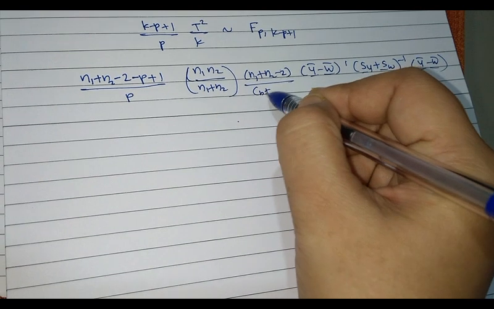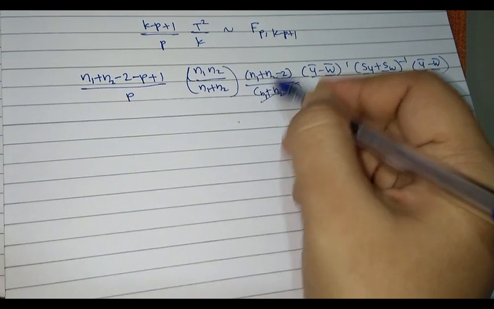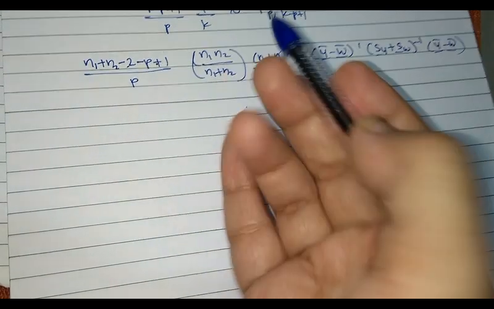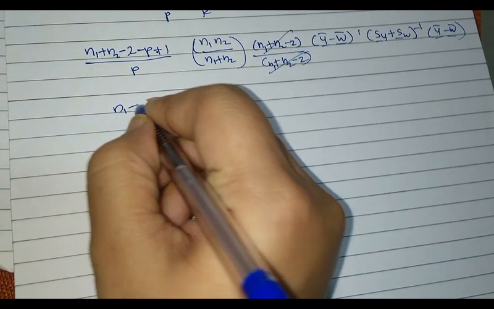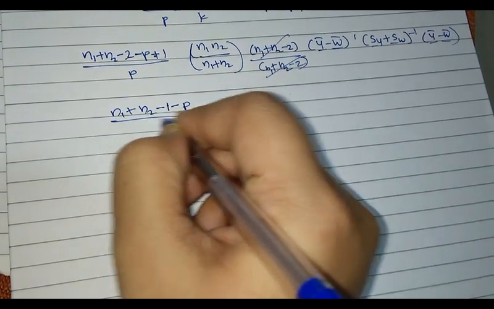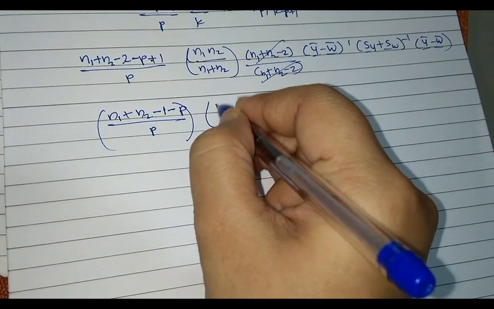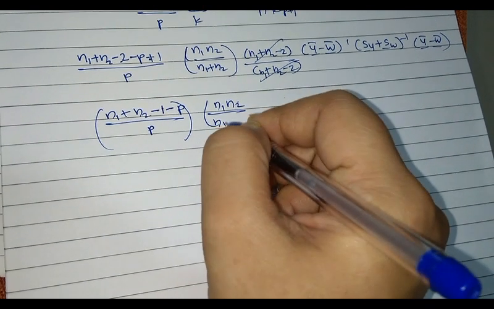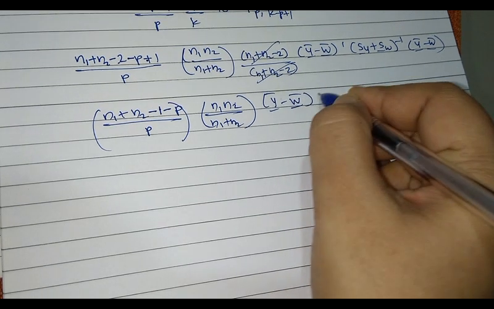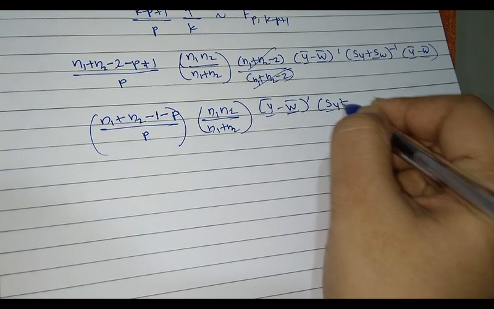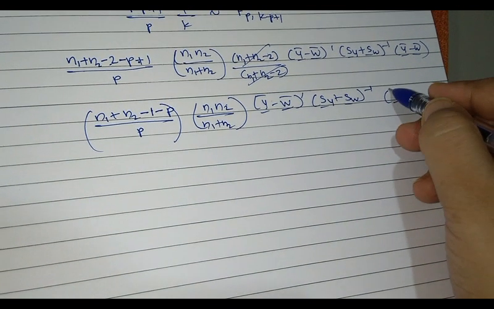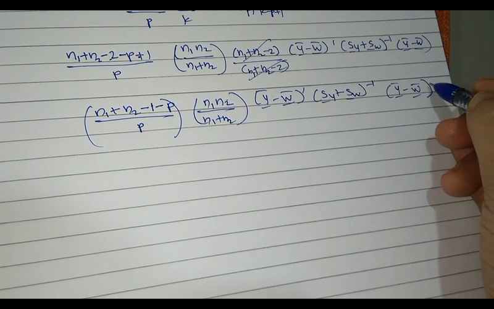K is N1 plus N2 minus 2, so this gets cancelled. This is minus 2 plus 1, so it will become minus 1. So N1 plus N2 minus 1 minus P upon P into N1 N2 upon N1 plus N2 into Y bar minus W bar prime, SY plus SW inverse, Y bar minus W bar.